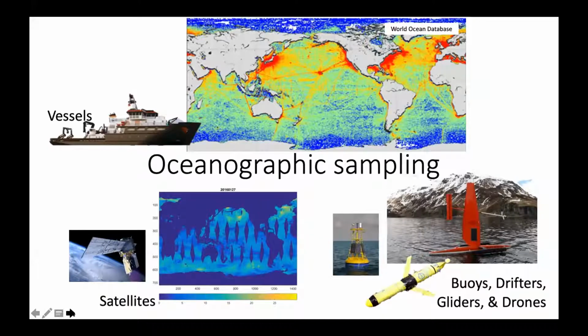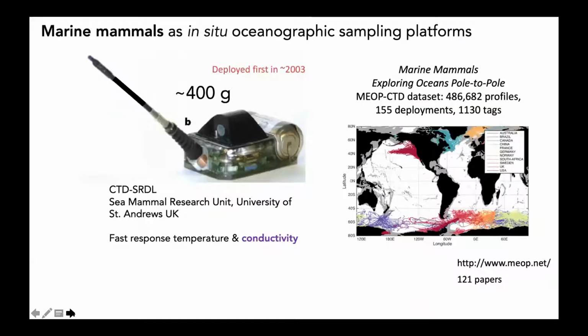Using biologging as a tool to sample the in situ oceanographic environment is not a new idea. The tag on the left of the screen was developed for marine mammals, mainly pinnipeds, things like elephant seals. This tag has been deployed on northern elephant seals and southern elephant seals.